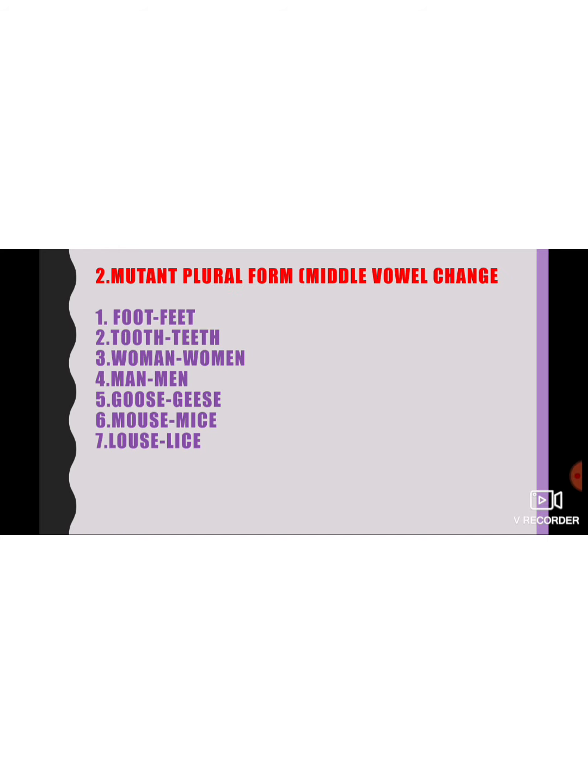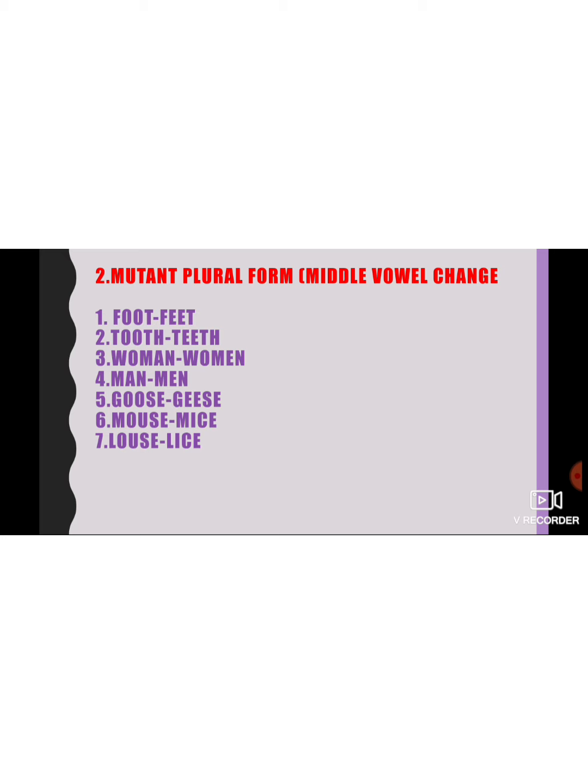The second one is mutant plural form. That is, we have to change the middle vowel. For example, foot to feet. Before that, I have to say this mutant plural form is the most important. There are only seven of them, so you have to memorize them by heart.